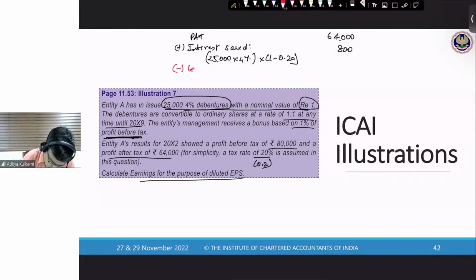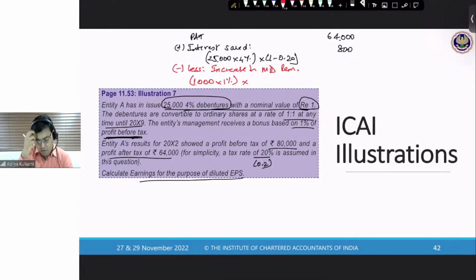This part many students will go wrong. Less increase in MD remuneration. Profit before tax went up by 1,000. On this 1,000, there is going to be a 1% management bonus. With the increase in management bonus, tax is going to get impacted.